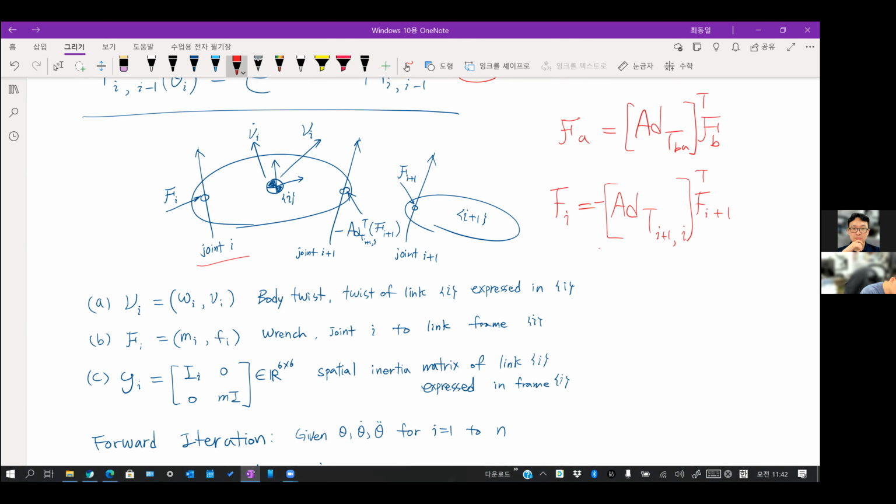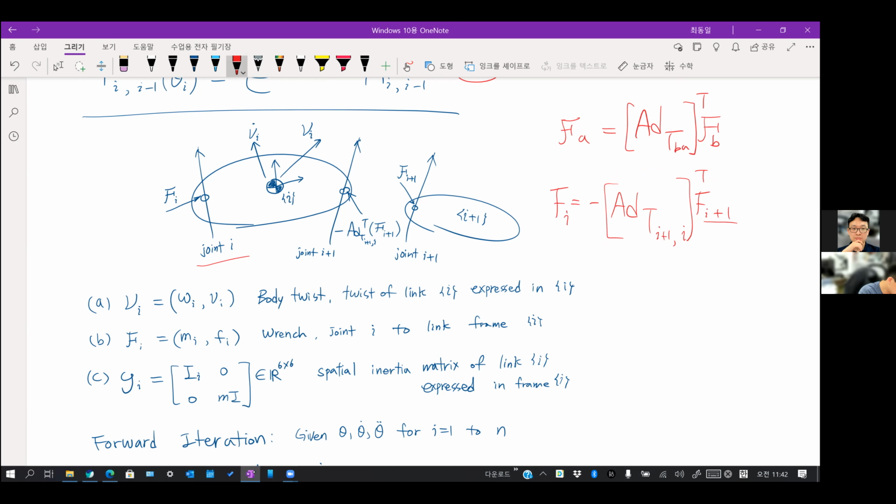Actually, this Ad joint means changing of the reference frame from i plus 1 to i, and then we have to take the minus value because of the different direction, because this one is action and reaction. So it becomes like this.